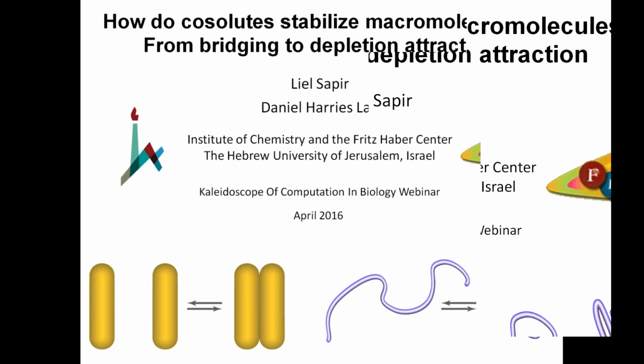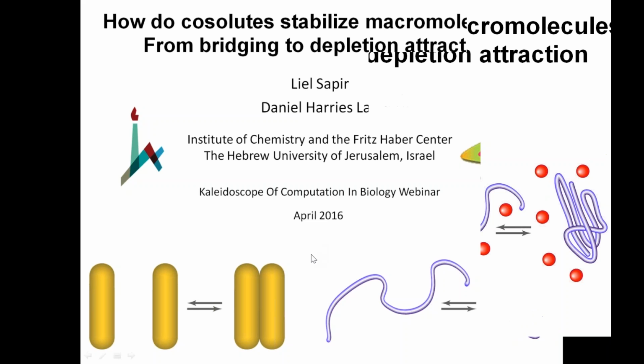So, for example, one way to do this is to vary the temperature, as we know in the case of polymers that are temperature sensitive. Another way of changing the macromolecular properties is by varying the solution environment, meaning changing the components that compose the solution.